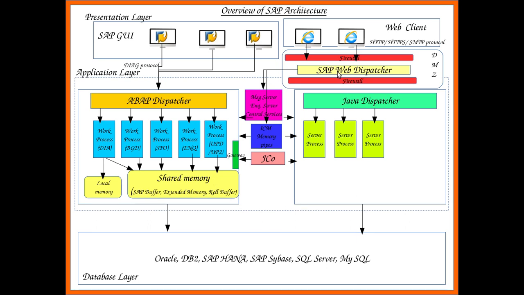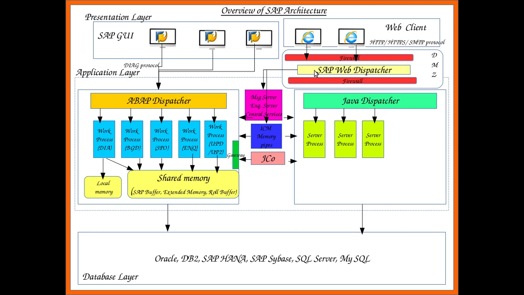For Java and ABAP instances, if a request comes from the end user via a web client, it can be from an intranet or from the internet. This request should hit the SAP Web Dispatcher first. Then it will forward to the Java dispatcher.